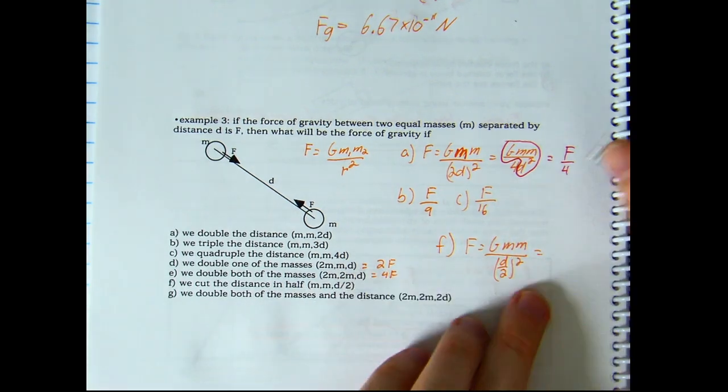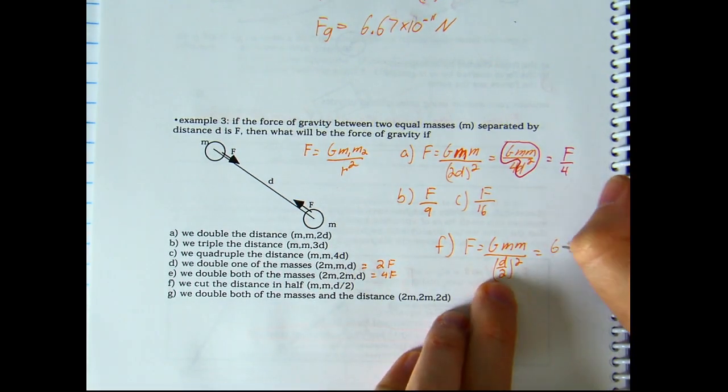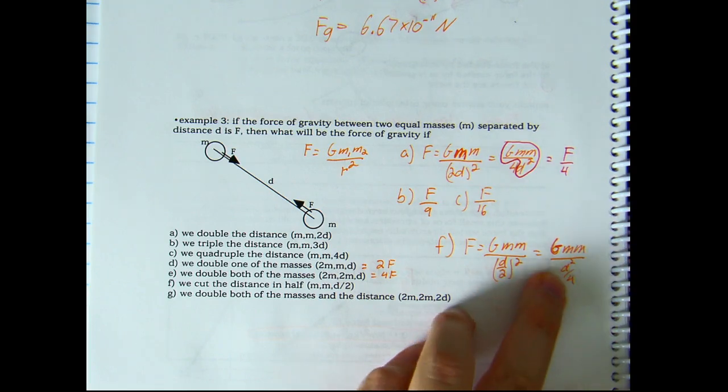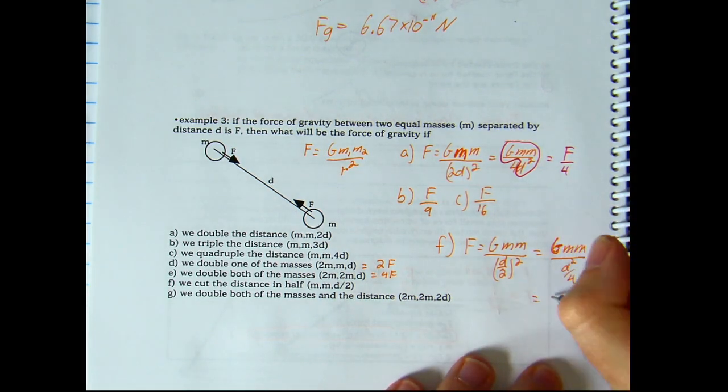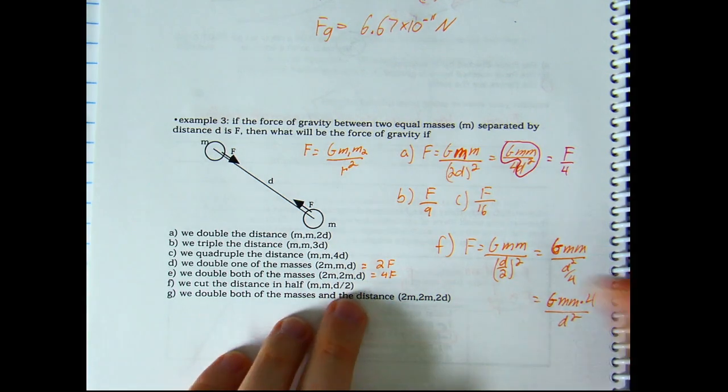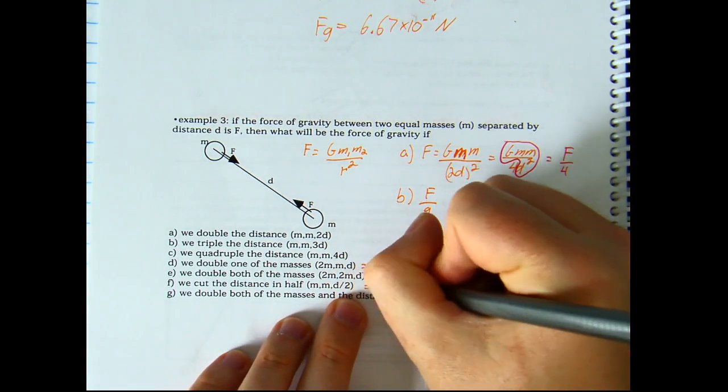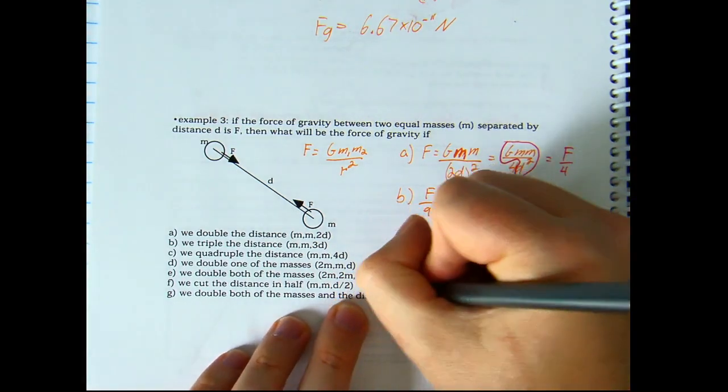If I take a look at what happens here, I square this fraction at the bottom, I'm going to get G m m over d squared over 4. Now when I divide by a fraction, I multiply by the reciprocal, so what we're going to get here is G m m times 4 over d squared. So if I halve the distance, what I've got is 4 times the force.